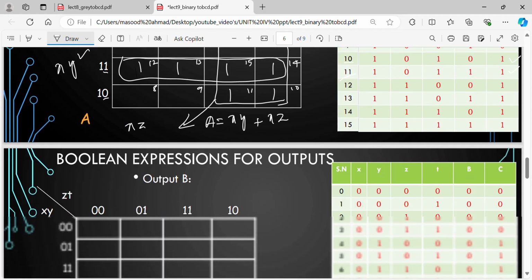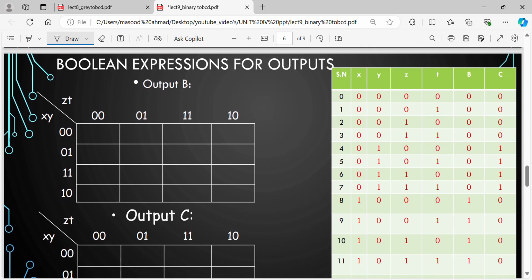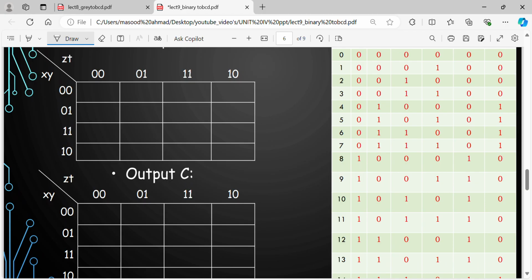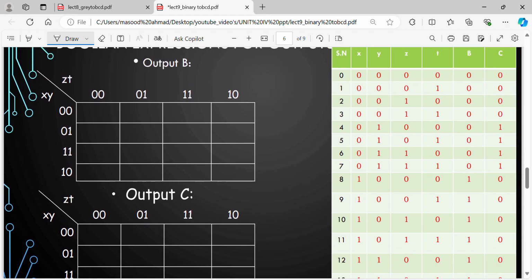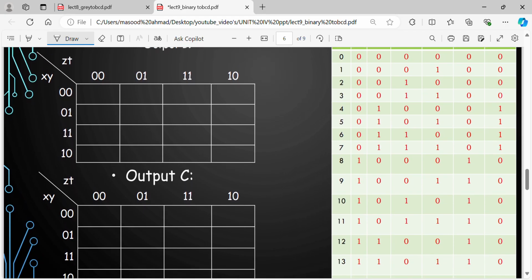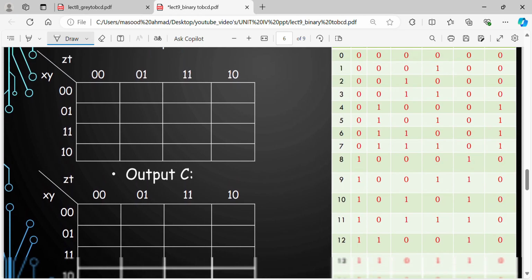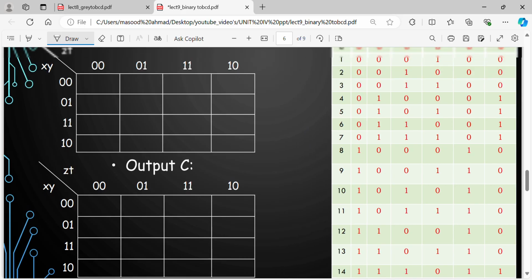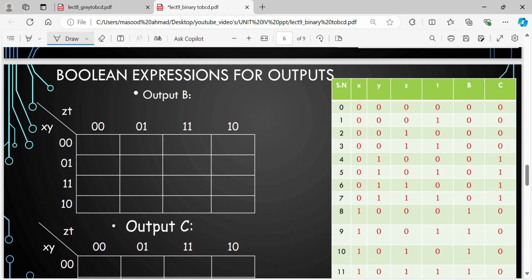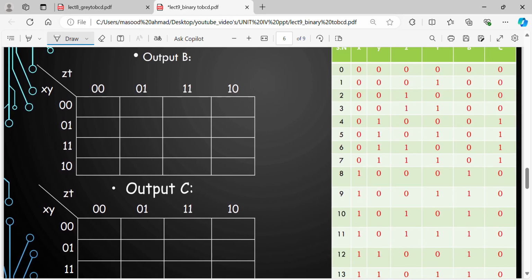Now let us look into the other outputs b and c. If you look at b, what is b? For b you should see the expression, for c you should see the expression, then we can write. So in step 2 what I can do is write the expression.